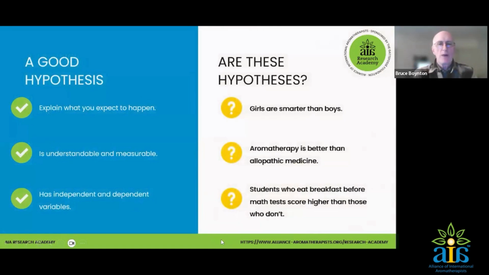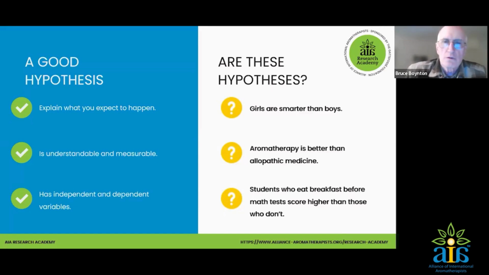Let's talk about hypotheses. A good hypothesis that explains what you expect to happen is understandable and measurable and has independent and dependent variables. When I change the independent variable, the dependent variable also changes.